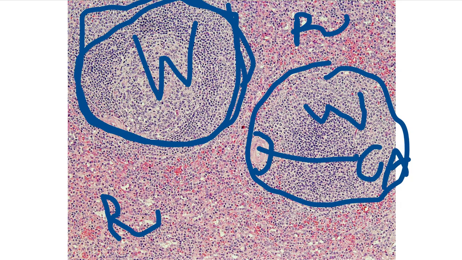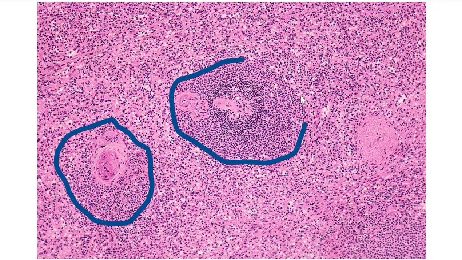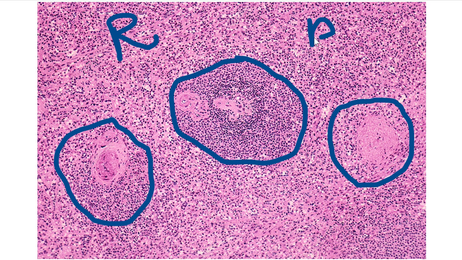Okay. Let's look at a few more pictures of the spleen. So this would be white pulp here. And it's kind of hard to see, but this would be white pulp as well. This would be your red pulp over here, and red pulp over here.